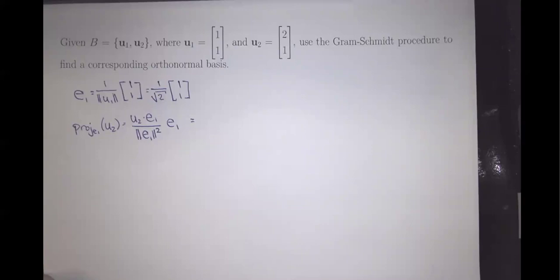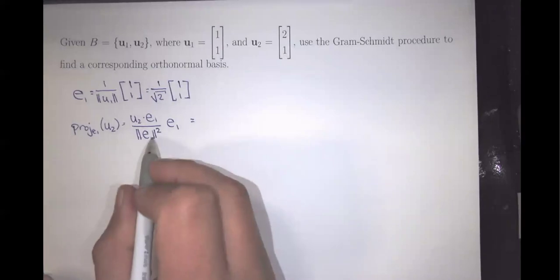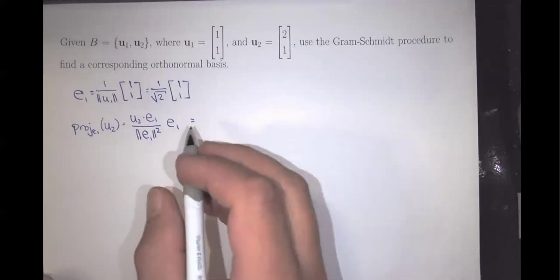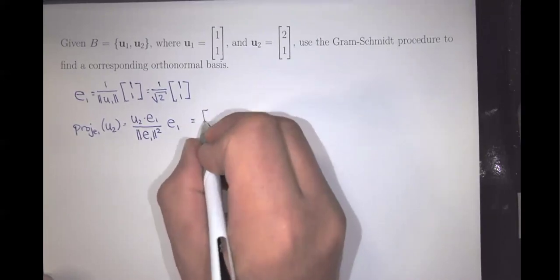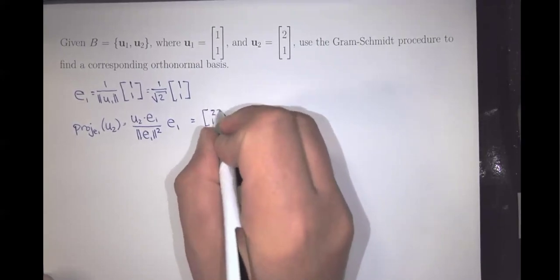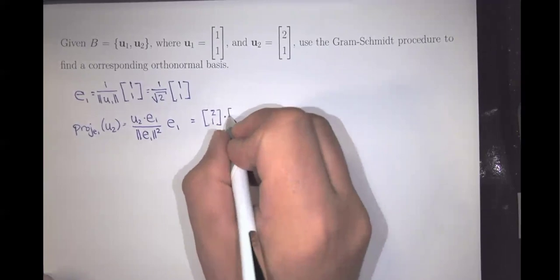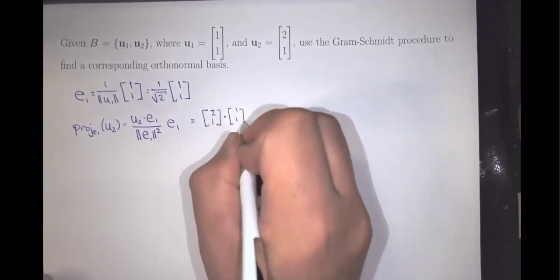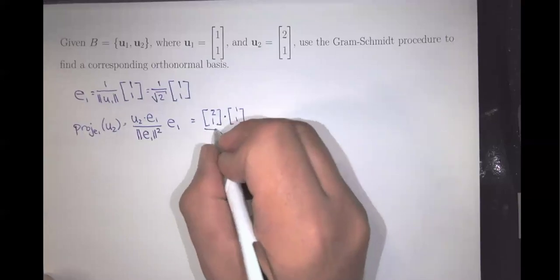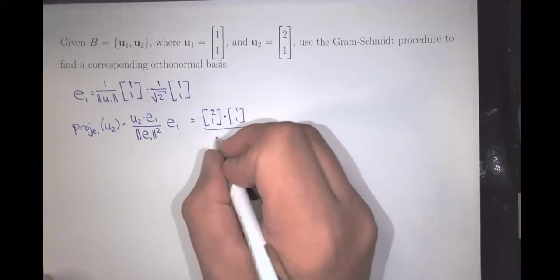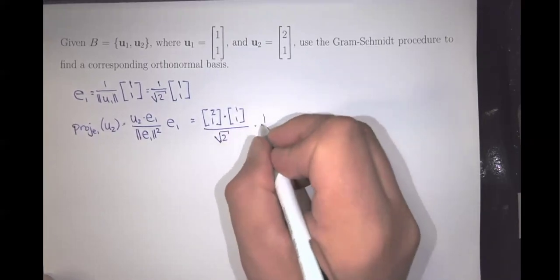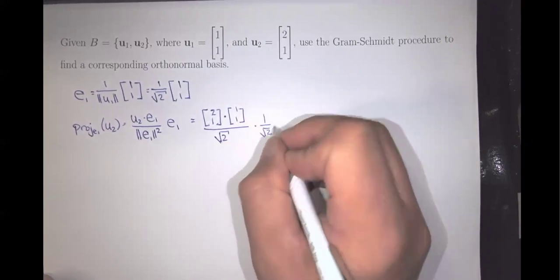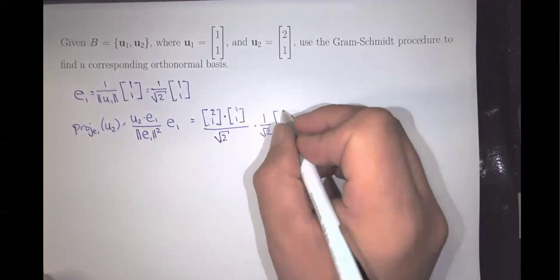So we can do a little bit of arithmetic here. The length of e1 is 1, so this goes away. u2 dot e1 is (2, 1) dotted with e1, which is (1, 1) times that multiplier 1 over root 2. So I'll just swap it out by dividing by root 2, times e1, which is 1 over root 2 times (1, 1).